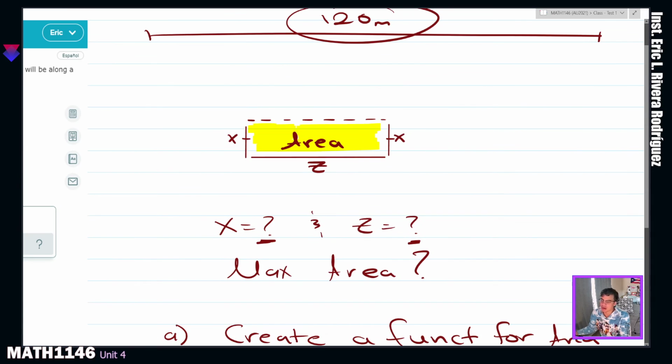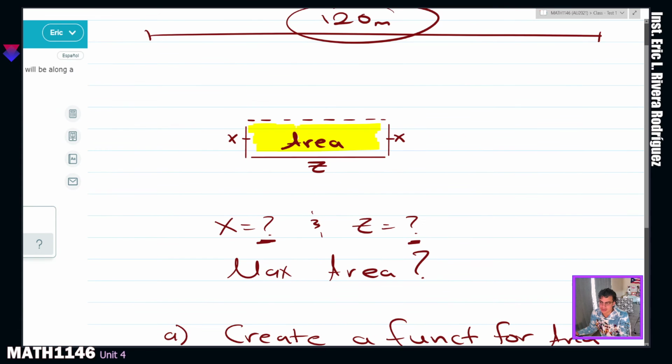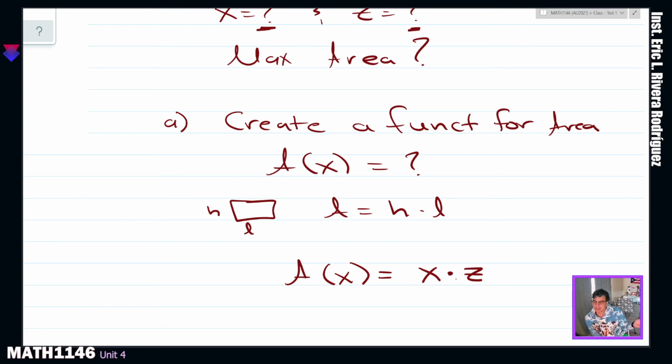In our rectangle, instead of h we have x, and instead of L we have z. All right, so based on our information, we can create that function, x times z, and x is the input, right?